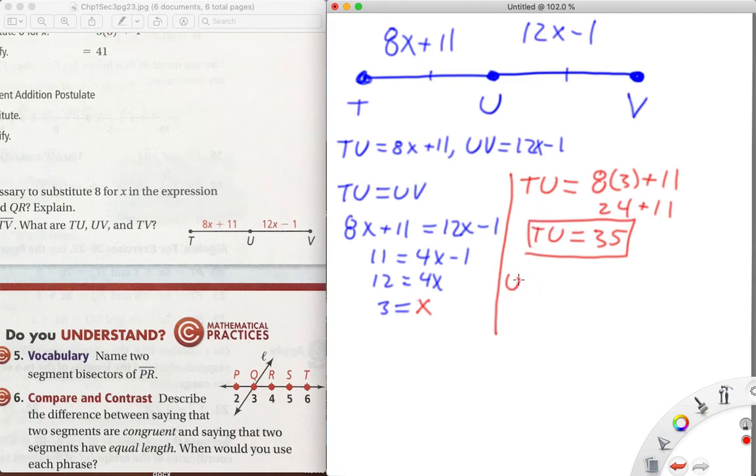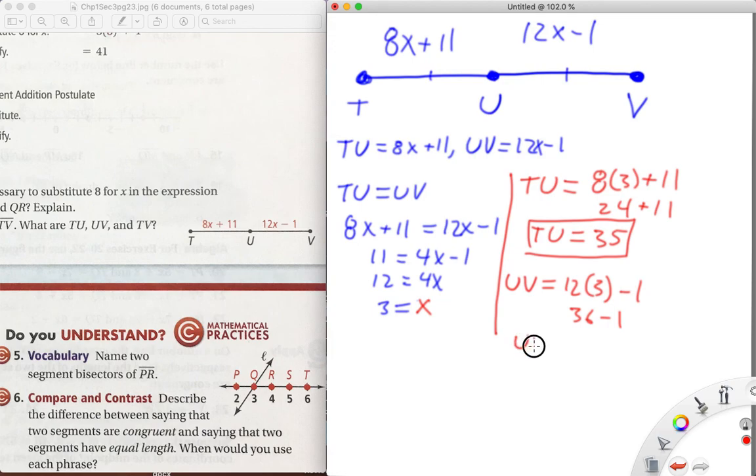UV, that's 12 times 3 minus 1. This hopefully is also 35. 12 times 3 is 36. And 36 minus 1 is 35.